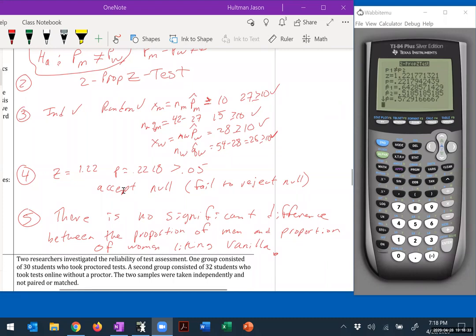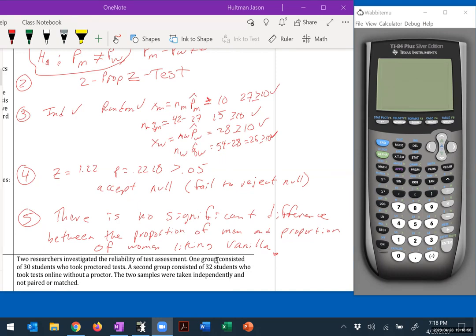I believe this file is already up there. It's called Chapter 12 Project, or Chapter 12 Take-Home Project, or something like that. If it's not, I'll load it.